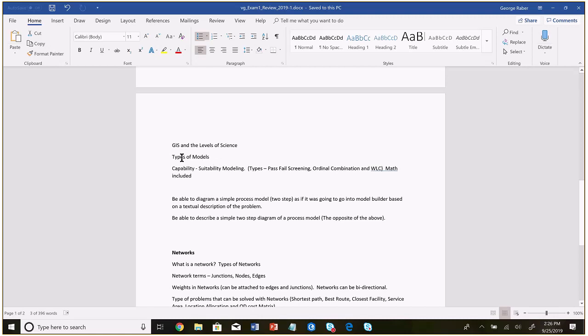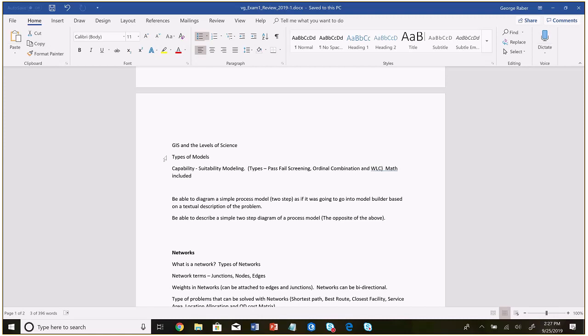Specifically, we talked about natural versus scale, and the only other one that I have on here is capability suitability modeling, which is the next one.